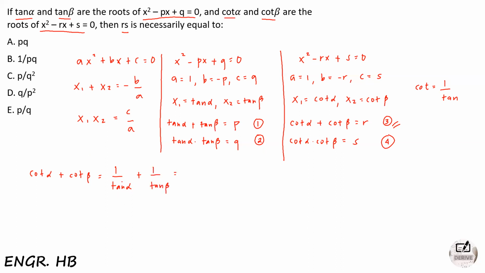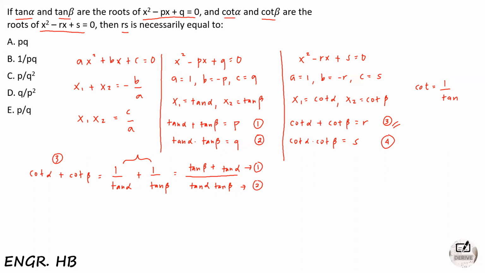Since these are fractions, we can combine them: tangent alpha times tangent beta in the denominator and tangent beta plus tangent alpha in the numerator. The numerator is our equation 1, and the denominator is our equation 2.